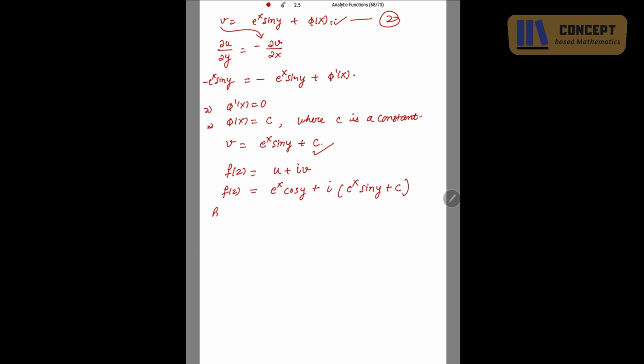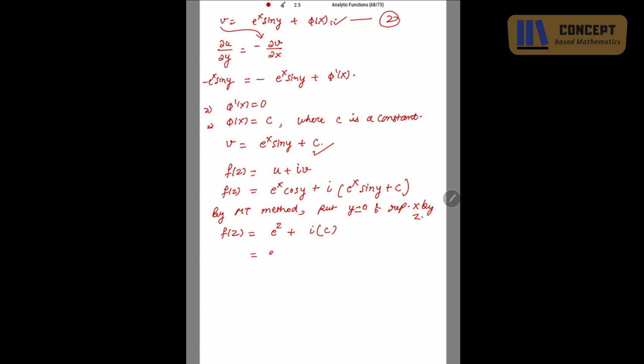So now we have to change this f of z in terms of z. By the Milne Thompson method, put y equal to 0 and replace x by z. So f of z is equal to e to the power z, cos of 0 will be 1, plus iota, this term is 0, c.